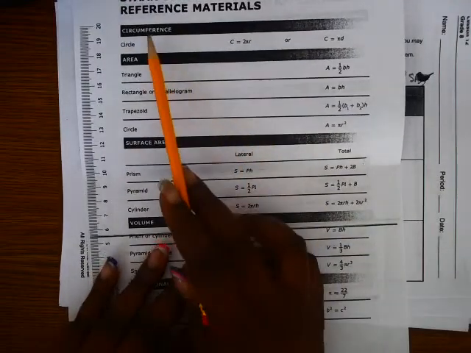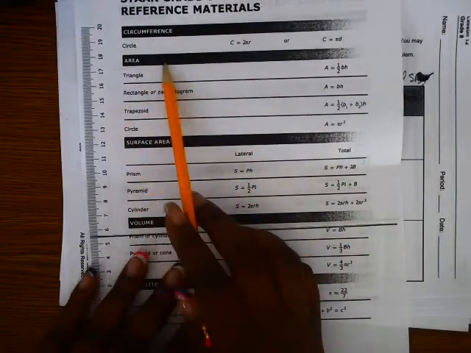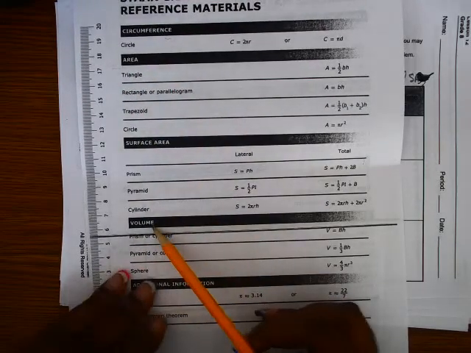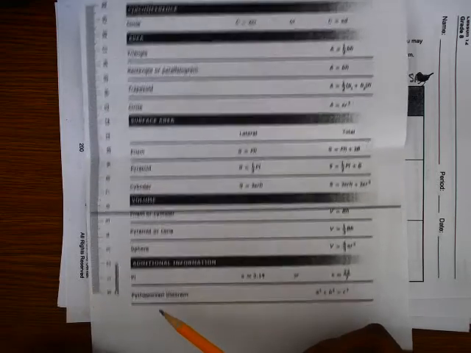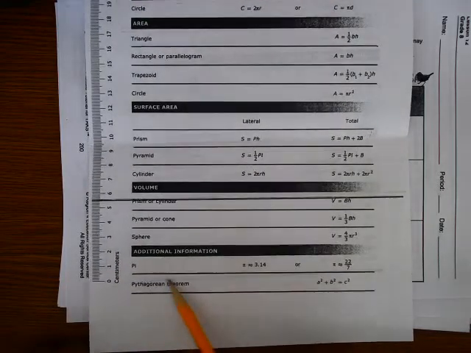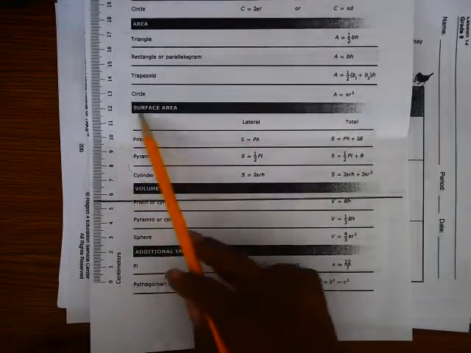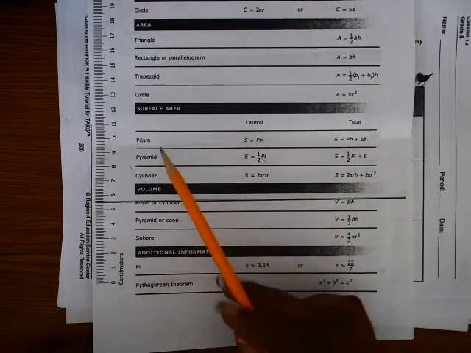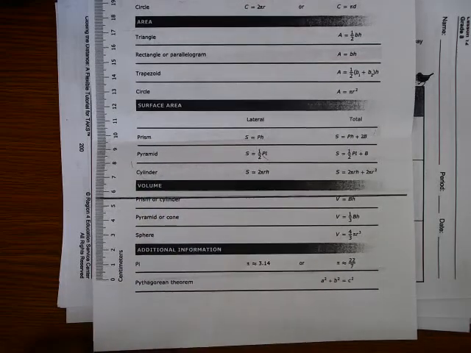If you notice, circumference was on your last one, area was on your last one, and volume. But now we have added Pythagorean theorem and we've added surface area, and that includes lateral and total surface area of prisms, pyramids, and cones.